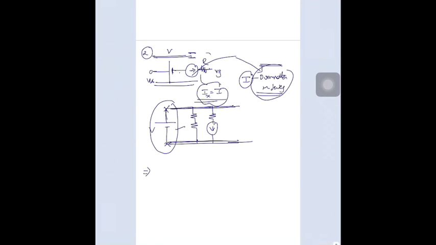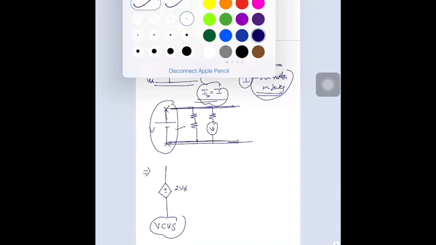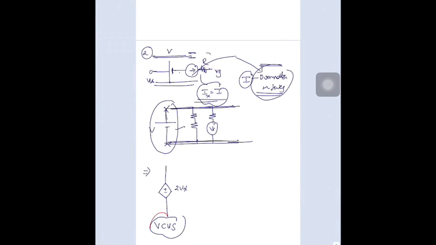And now we will see basic notations which will be used in DC circuits. Say we have a notation like 2Vx. It is called a voltage controlled voltage source, since the voltage of this source is controlled by another voltage Vx. Now we will see the reverse.